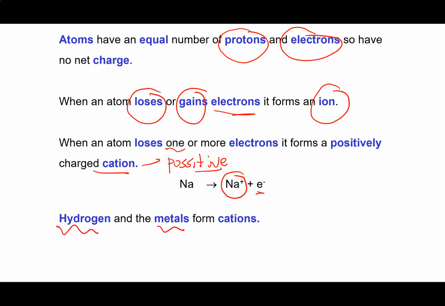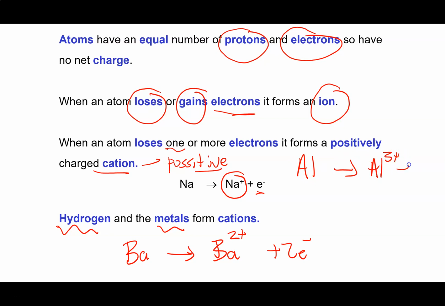For every electron lost, your cation gains 1 positive charge. As long as you keep that in mind, you will be fine.